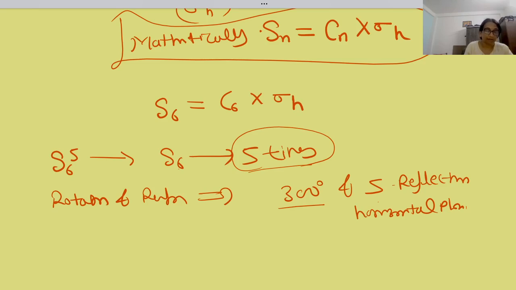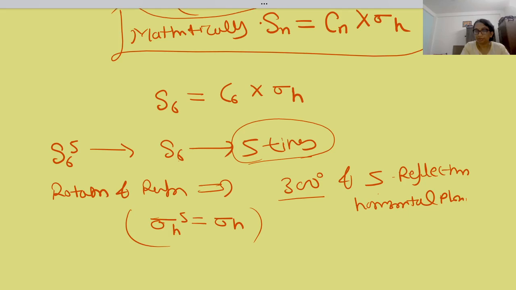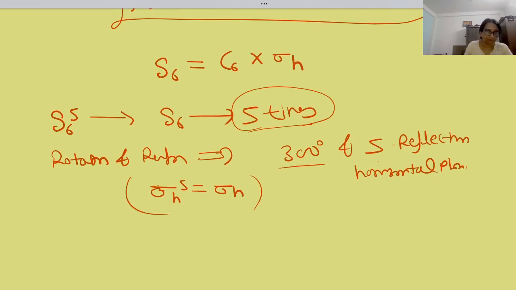So 5 reflections are the same as 1 reflection, that is, sigma h^5 is equal to sigma h. That is the concept. Now we can calculate the equivalent value: the given value is C3^2 multiplied by i, and you will get S6^5.